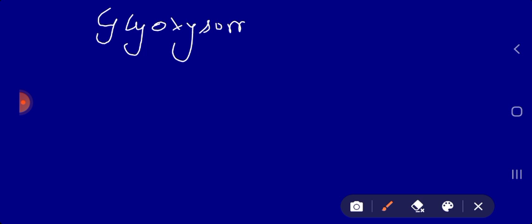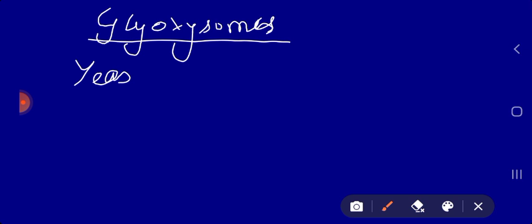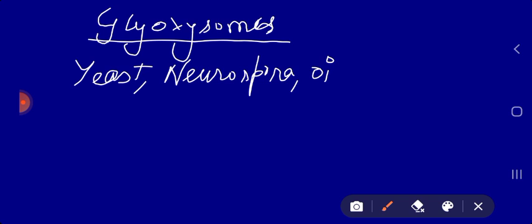So about the glyoxysomes, they are a type of microbody which occurs in the cells of yeast, in neurospora, and in oil-rich seeds of higher plants.